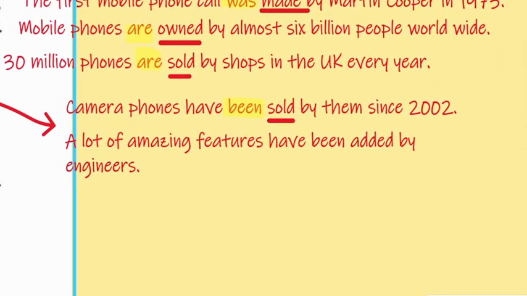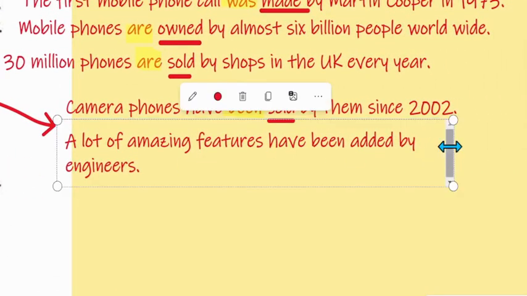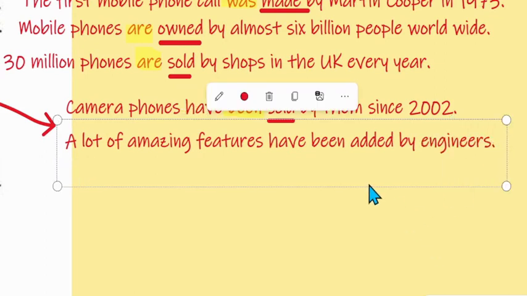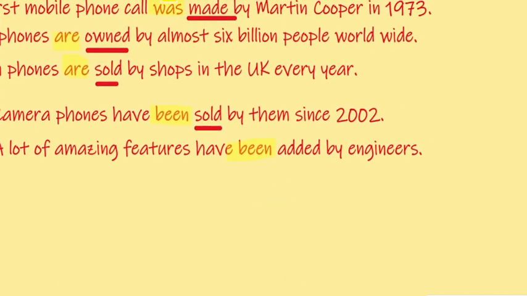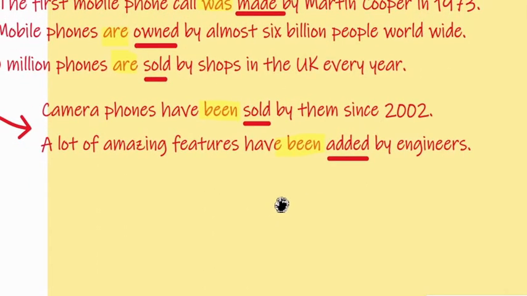A lot of amazing features have been added by engineers. So again, there is the been as the to be, and there is the verb 3, add, added. A lot of amazing features have been added by engineers.